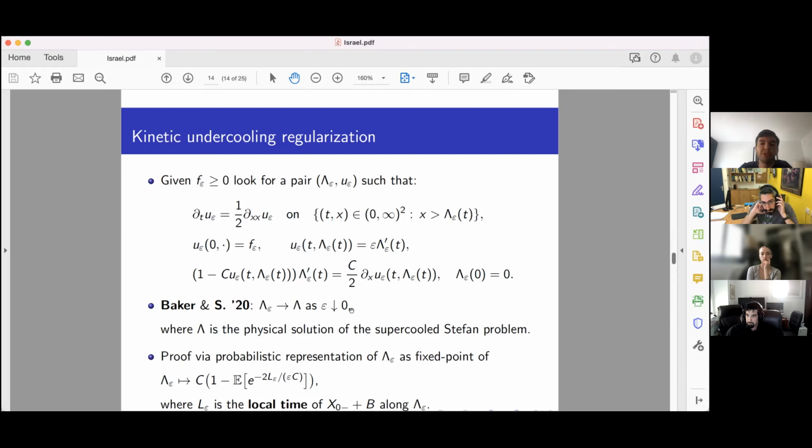Rigorously, we could only prove it now, because to prove a limit result you need uniqueness for the problem I was discussing before, the supercooled Stefan problem. Only after proving uniqueness could we give a rigorous argument that the problem with undercooling regularization really converges to the supercooled Stefan problem.